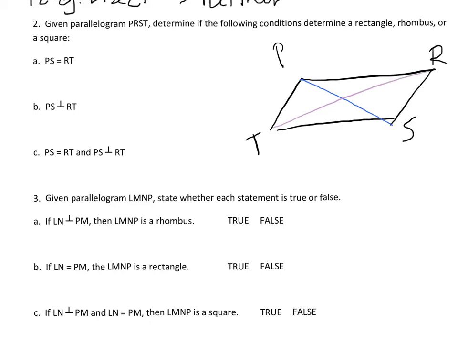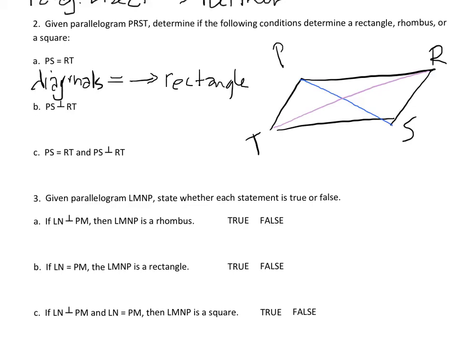So those are these diagonals. PS is the same length as the other diagonal, RT. So that's to say that diagonals are equal, which, if we look at our properties, we know that diagonals are equal if it's a rectangle. So since both diagonals are equal, we can conclude and prove that it is in fact a rectangle by the properties of a rectangle for writing a proof. The next part says PS is perpendicular to RT.